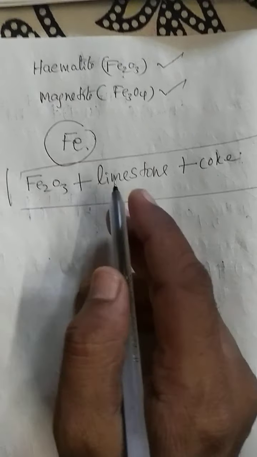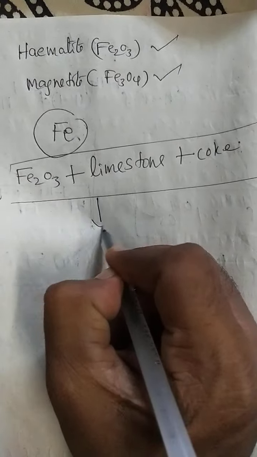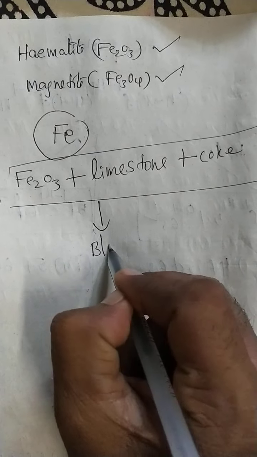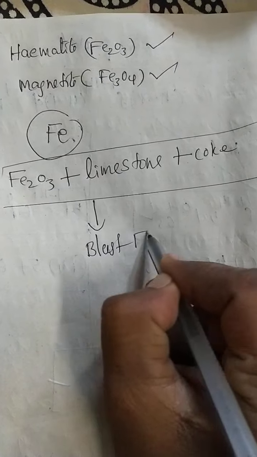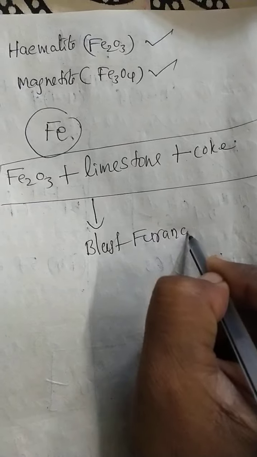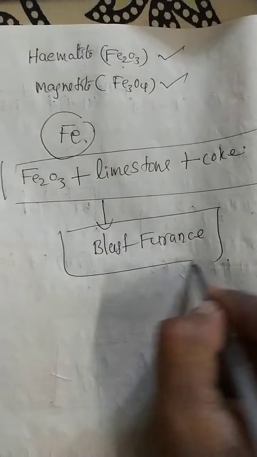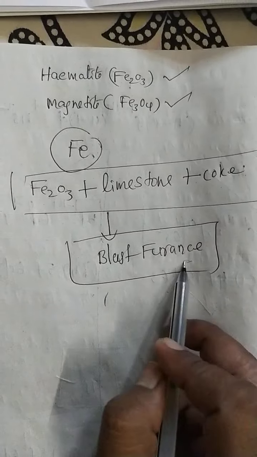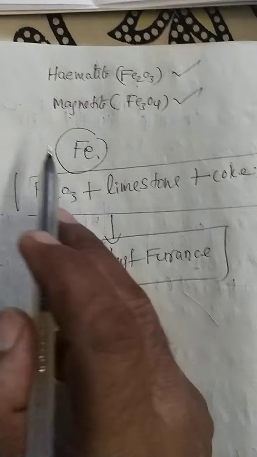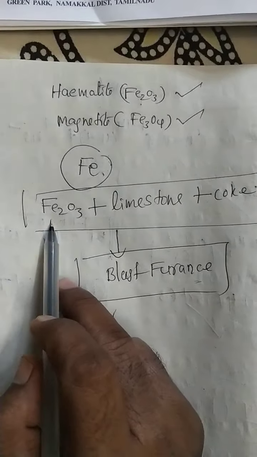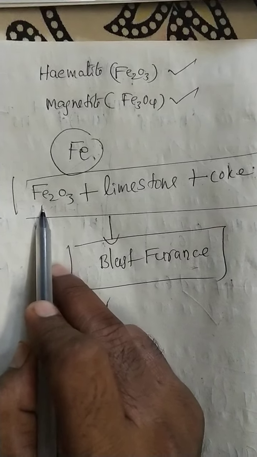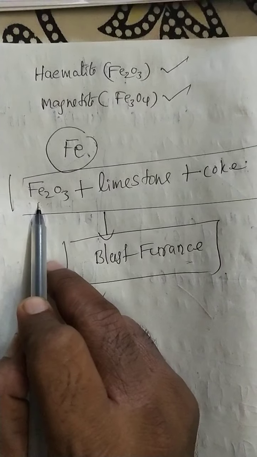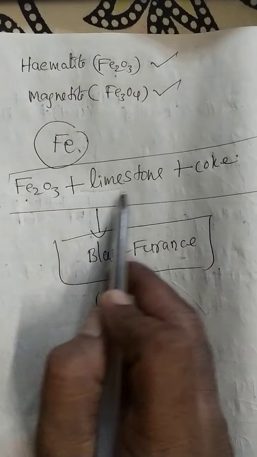So how is iron extracted? In the blast furnace. It is one of the big apparatus. In this blast furnace, first of all, we collect the ore. It is nothing but hematite or magnetite, and limestone is added to the ore.